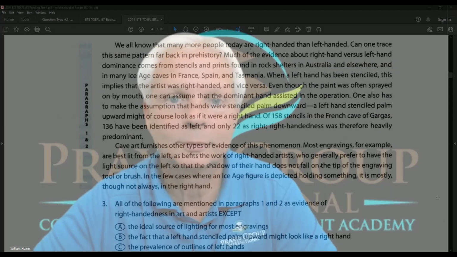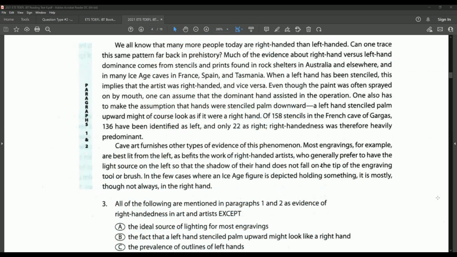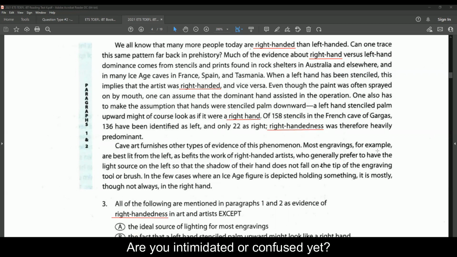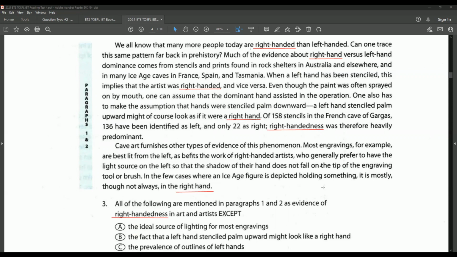Let's take a look. So here we are back at question number 3. It is our negative detail question, and it's asking about evidence of right-handedness. If we're looking for the main topic, right-handedness, we can go to our passage and look for the words right-handed. We have right-handed, right hand, right-handed, right hand, right-handedness, and right hand.